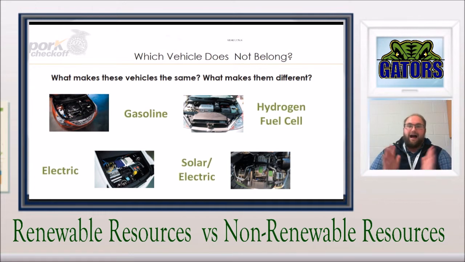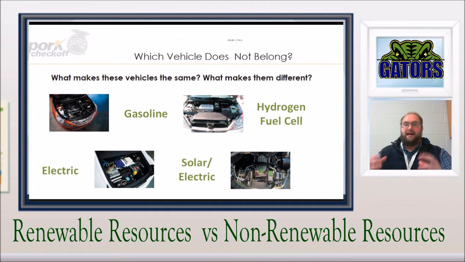Our first engine is a gasoline engine. That is the typical engine that is used by American car drivers, along with diesel fuel. Next to it is a hydrogen fuel cell, which is a special type of engine that basically runs on water.